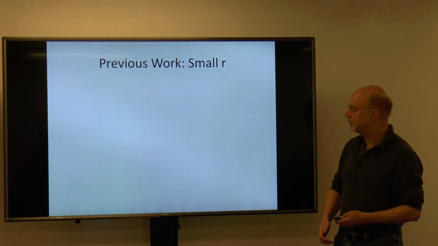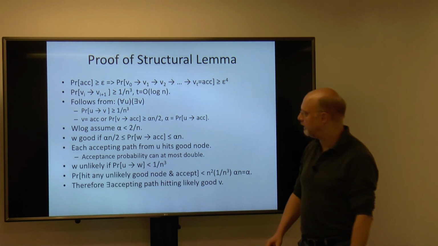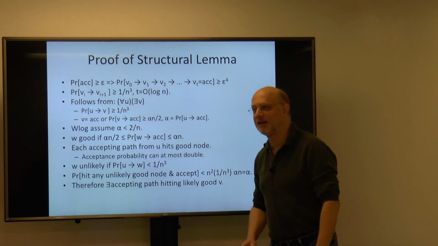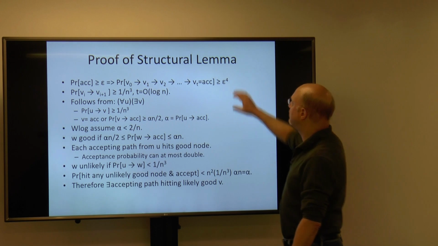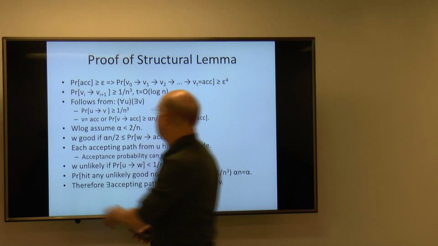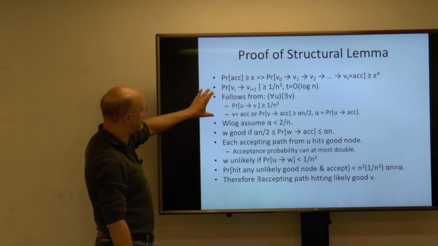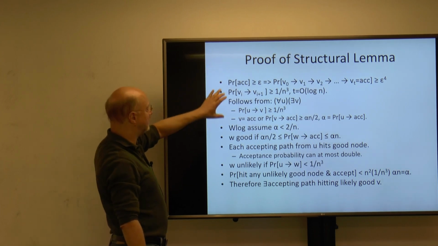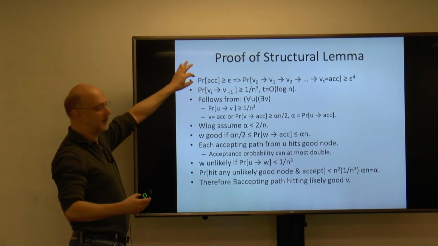So when do you use epsilon? Oh, well, this doesn't use it. So this is sort of the structural lemma, a smaller lemma that gives us the bigger lemma that I said before.